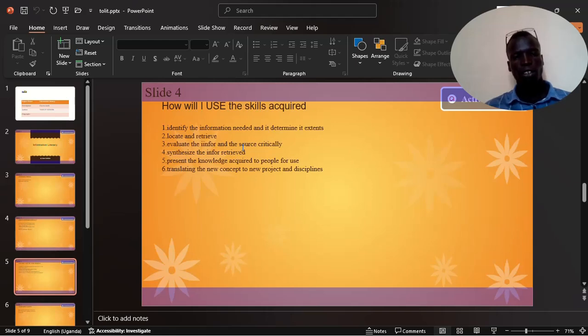Then the fifth one, you'll be able to present the knowledge you have acquired to people for use. Because after you have struggled to get the source of information, you'll be able to know the information and present it, make it available to people to use. Then the sixth one is translating to new concepts, new projects and disciplines.